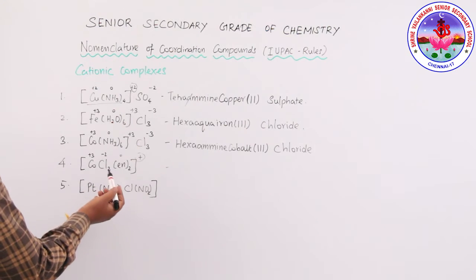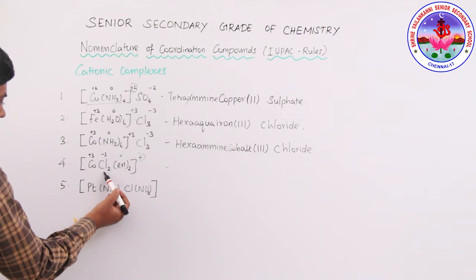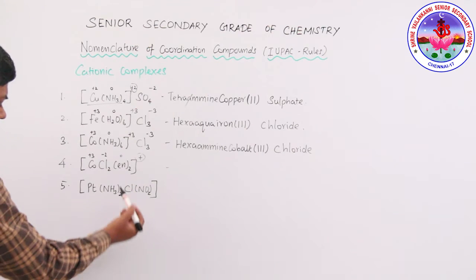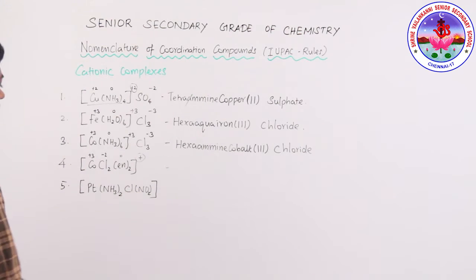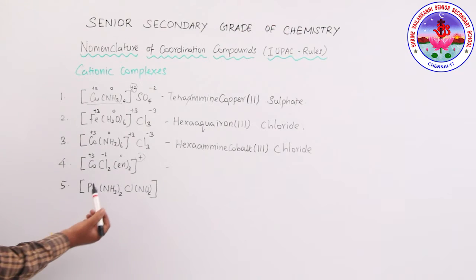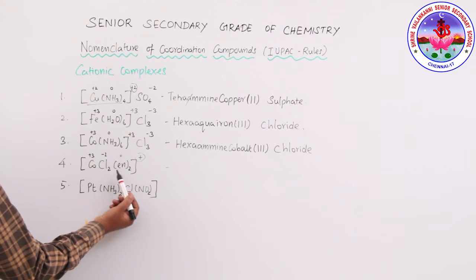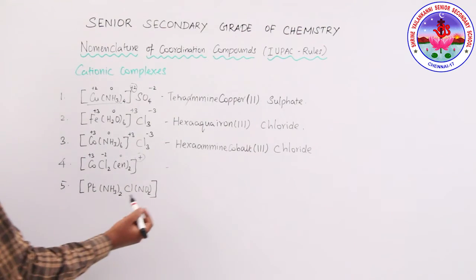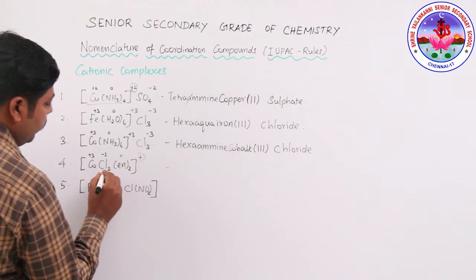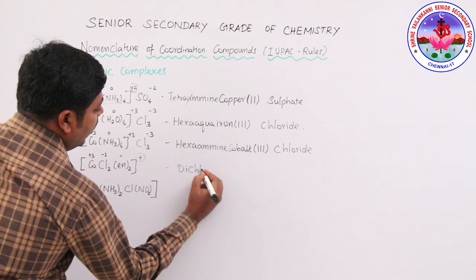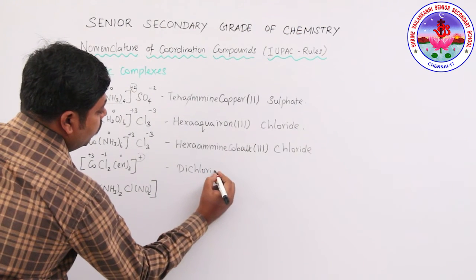Now we can write it here: chlorine is present, and ethane-1,2-diamine. In alphabetical order, you write chloride first, C is first, followed by E. How many chlorine atoms are there? 2, so dichlorido.